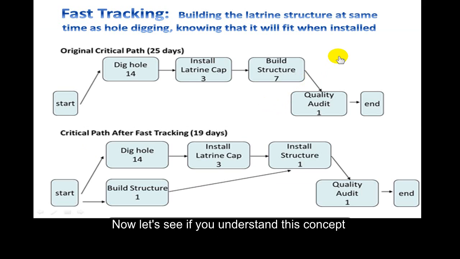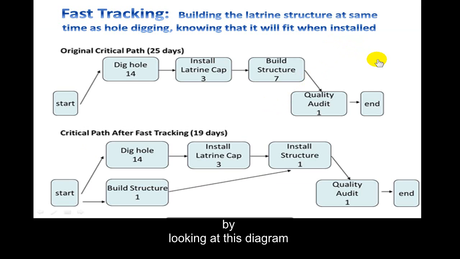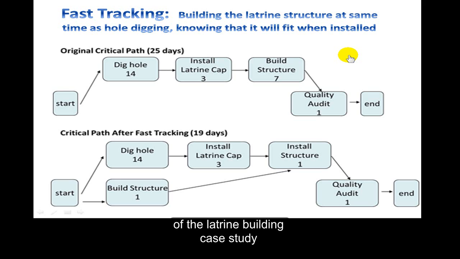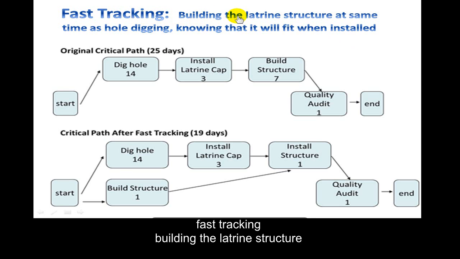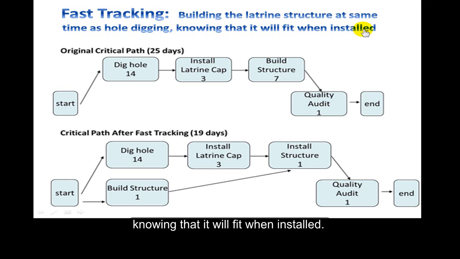Now let's see if you understand this concept by looking at this diagram of the latrine building case study that we used during the course. So fast tracking, building the latrine structure at the same time as digging, knowing that it will fit when installed.